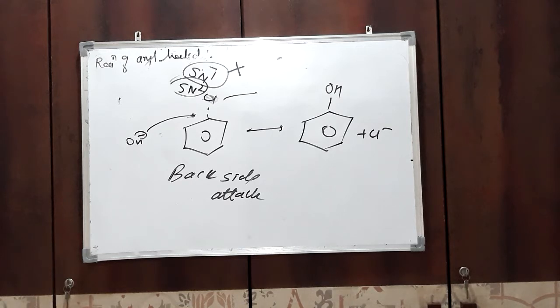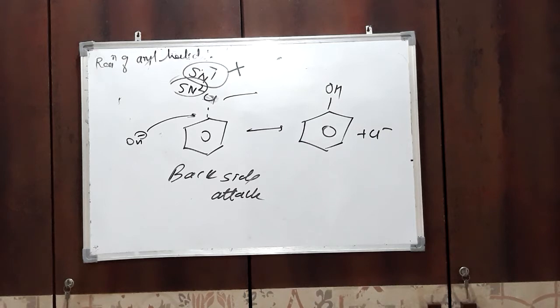When chlorobenzene is heated with concentrated solution of sodium hydroxide at high temperature, like 600 Kelvin, and under high pressure, 200 atmospheric, chlorobenzene undergoes hydrolysis to give phenol.